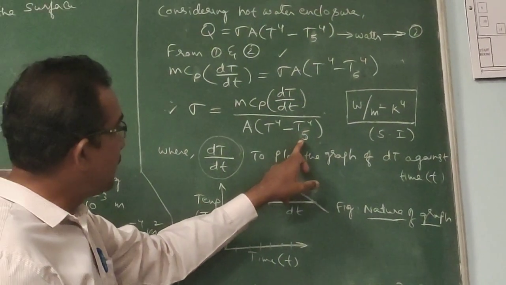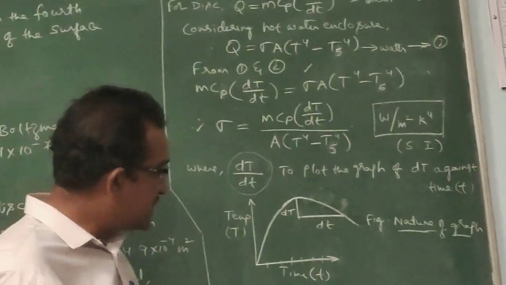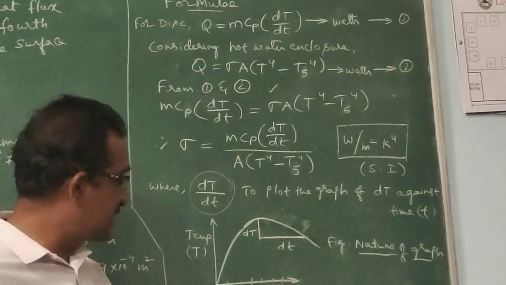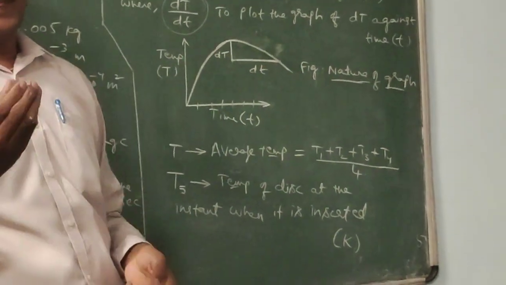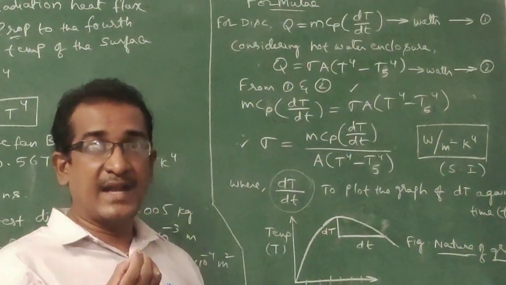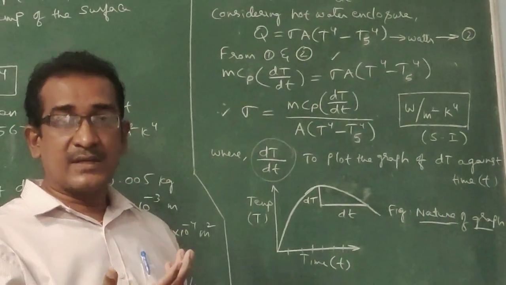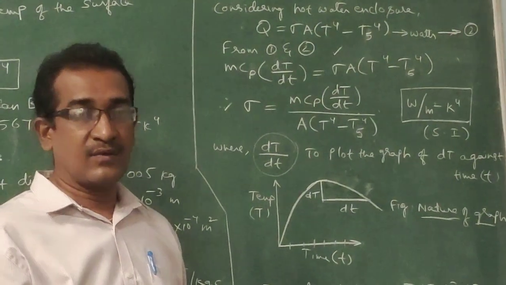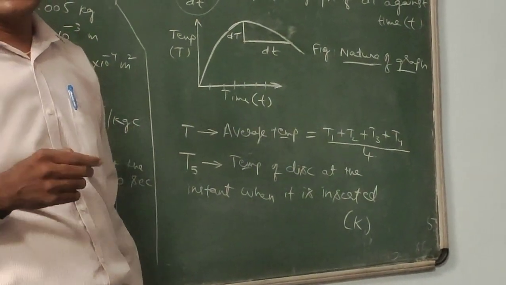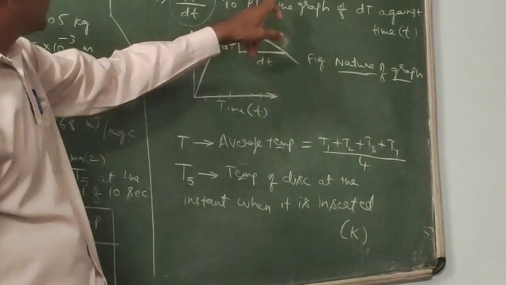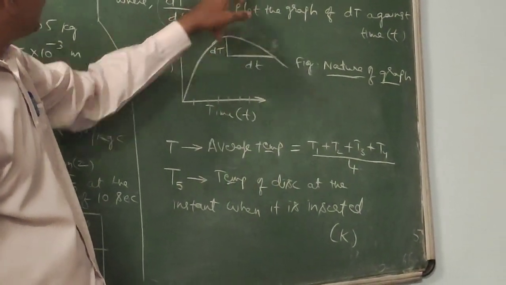And T5 is the temperature of the disc at the instant when it is inserted. Whenever the disc is inserted, at that point what will be the temperature of the disc? That is T5. This T5 value you will get from the tabular column while taking the reading. This T5 should be substituted here, and dT by dt is from the graph.